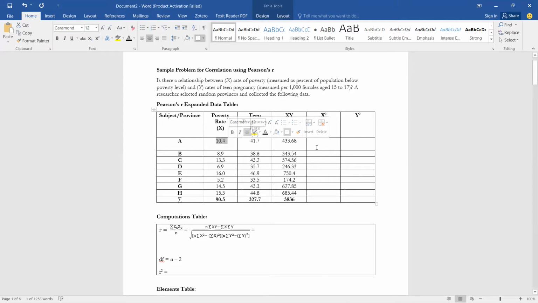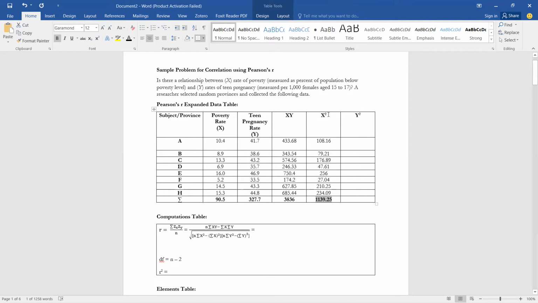Okay, so in the problem set, you will need to show this. So 10.4 squared is around 100 something. It's 108.16. So do the rest for the rest of the provinces and get the sum of this column, x squared, and you will get 1,139.25.